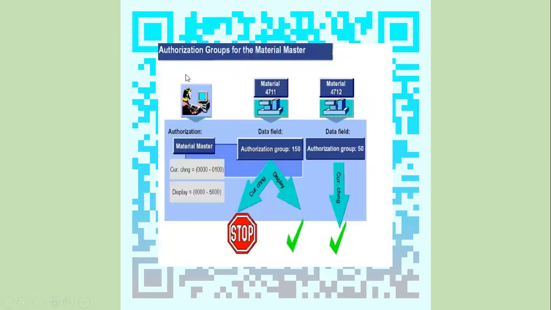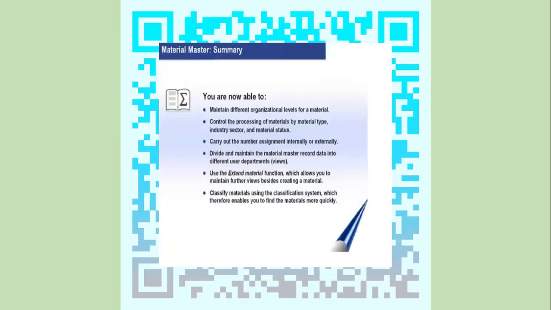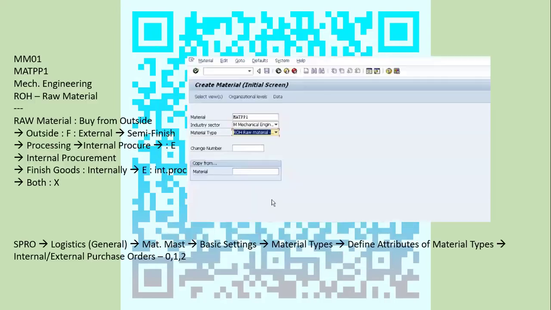Authorization groups, basically some users will be allowed to create material, some will be only allowed to view that material, and some will be allowed to change it also, but not everyone will have that kind of authority, and that authority is basically authorization groups. I hope that was clear.